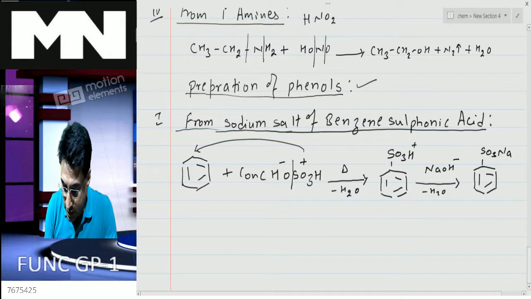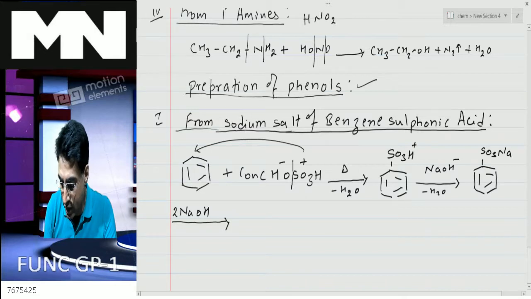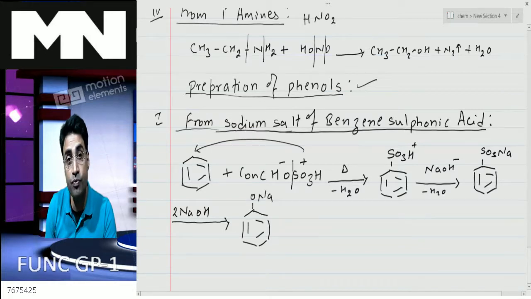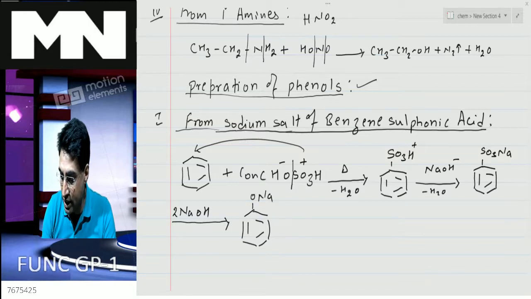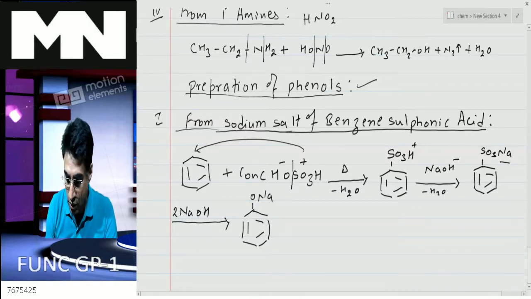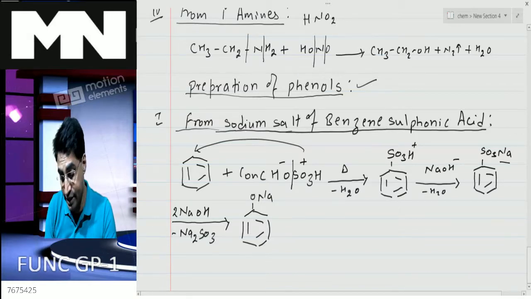This compound on further reaction with NaOH will give me sodium phenoxide. I'll show you how the reaction occurs in this step. I will get this compound. Actually, one of the Na and Na from here will come out as Na2SO3, sodium sulfite. 2 hydrogen and 1 oxygen, they will come out as H2O.